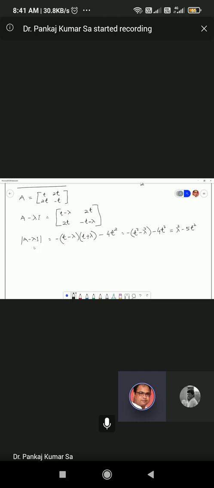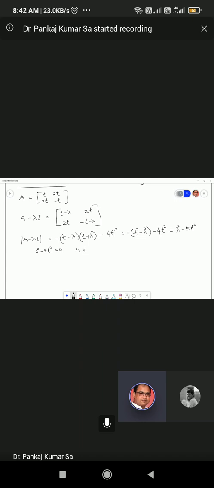So if lambda square minus 5t square becomes 0, find out what lambda is. That's a simple one. Lambda is equal to, you have two lambdas, plus minus square root of 5t square.